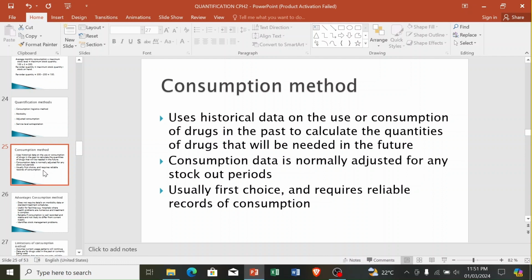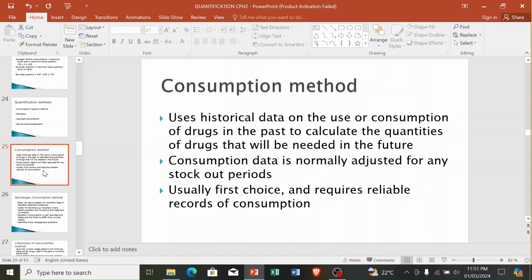So you are looking at the previous data to decide for the future. What you used previously, what happened previously, you use it to plan for the coming months, to plan for the future of the hospital, to plan for the future of the facility. So look at the consumption data.